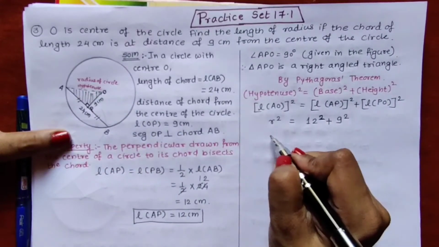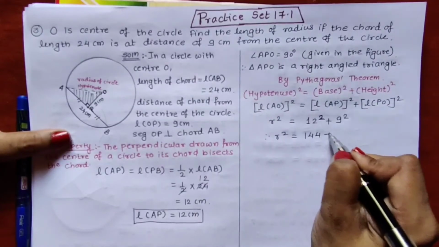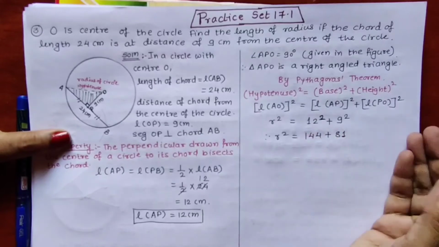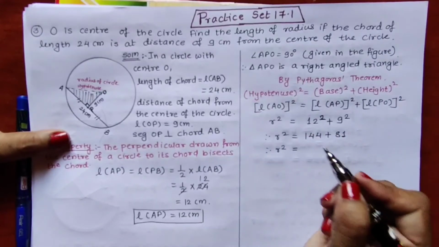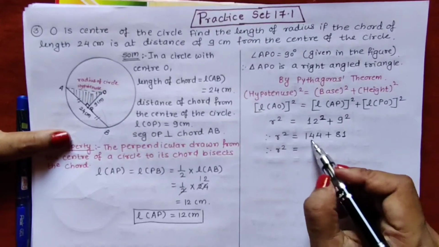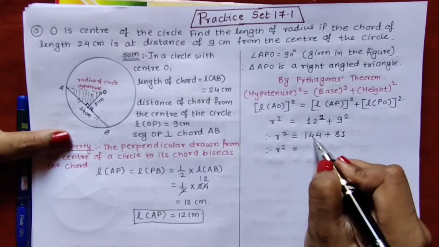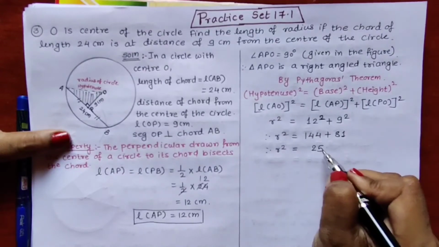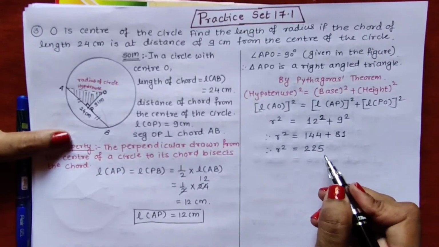Therefore R square is equal to, square of 12 is 144, 9 square is 81. Both numbers are on the right hand side, so we don't need to transfer any number anywhere. So 144 plus 81: 4 plus 1 is 5, 8 plus 4 is 12, 2 written, 1 carrying, 1 plus 1 is 2. So R square is 225 we are getting.